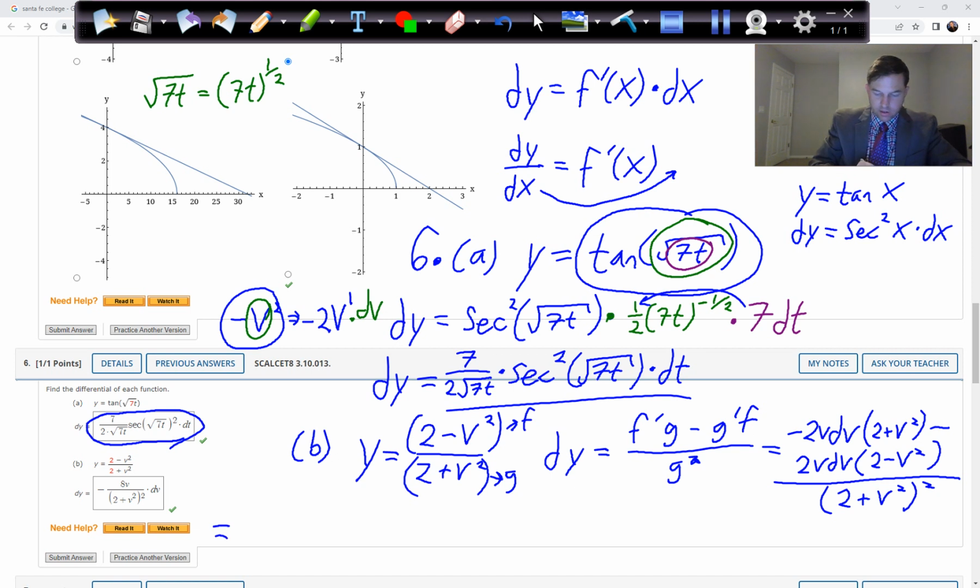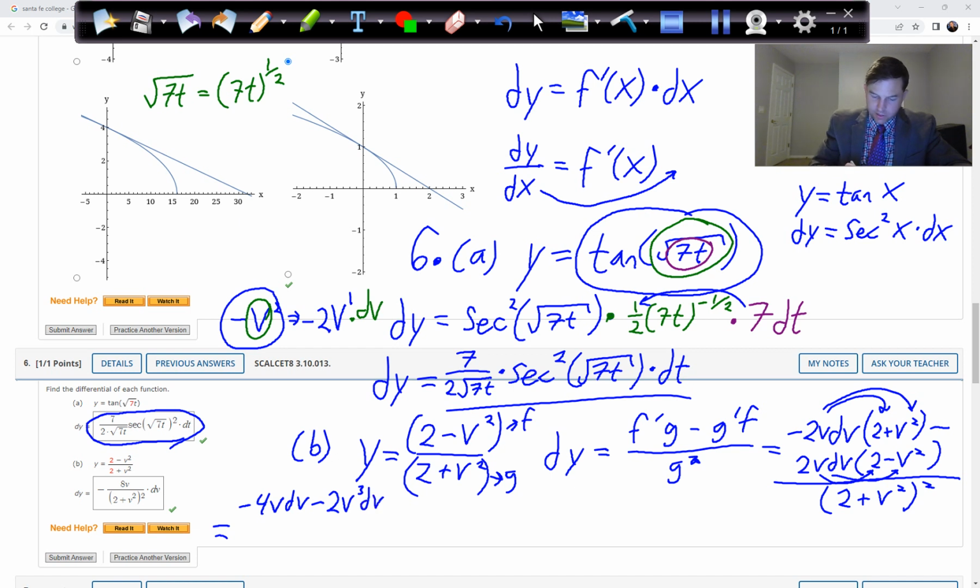Okay, let's go all over here. This numerator, when you distribute this 2v dv into those two things, and you distribute this 2v dv into these two things, watch carefully. You're going to get minus 4v dv minus 2v cubed dv.